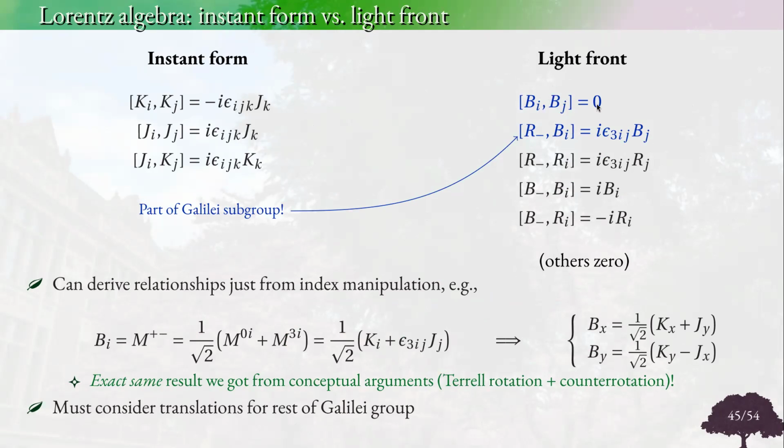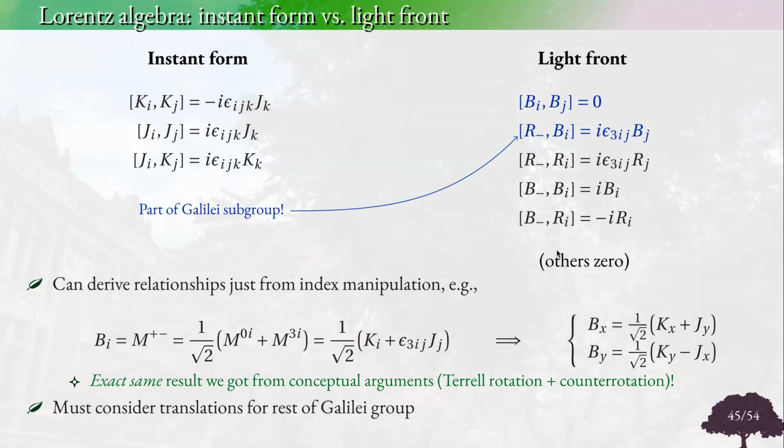You have that your transverse boosts commute, your rotation around the z-axis rotates the boosts into each other. You have these other formulas, and you have a bunch of things that you don't have to write down because a lot of things commute with each other. So all of the other ones commute with each other, which is actually kind of nice.